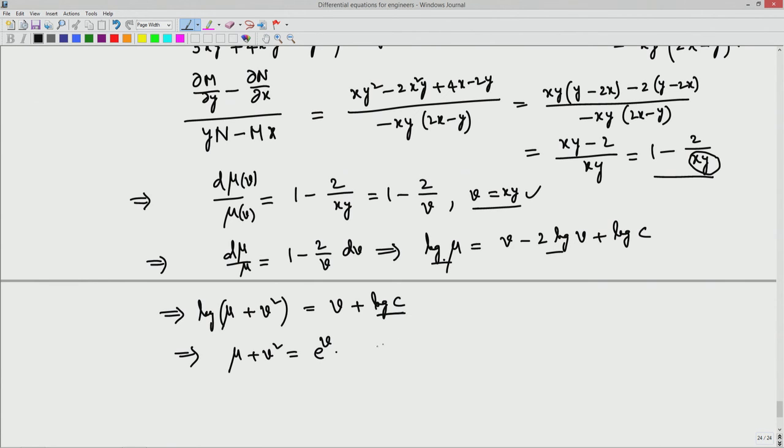If you call this c1, there is a constant, I can take it as 1. So this will give me μ as e^v divided by v². So this is my integrating factor. So the integrating factor is μ of xy, e^(xy) divided by x²y². So this is the integrating factor.